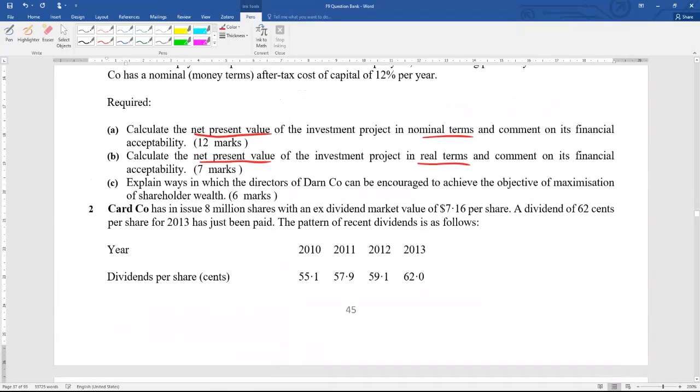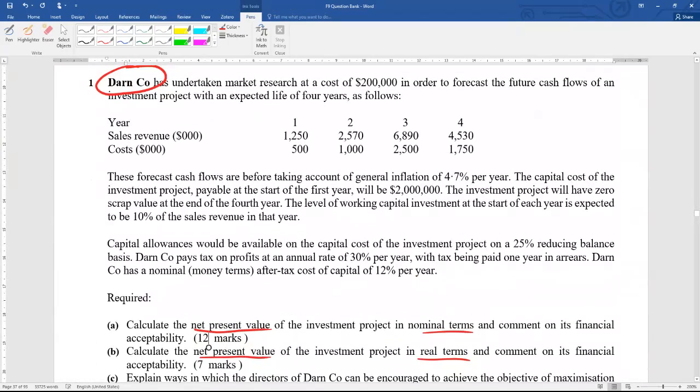Yes, here it is. Now look at this last paragraph given to us: capital allowances will be available on capital cost of investment on a 25% reduced balance basis. So it's given to us that it is available. Once the examiner tells you that it's available, then of course you have to set it against the profits.